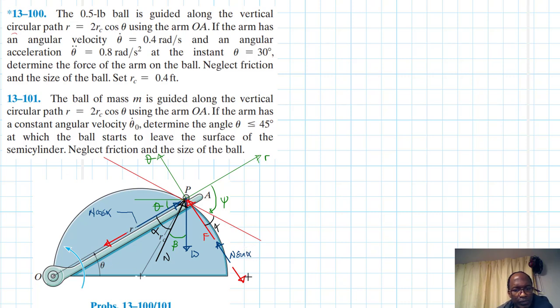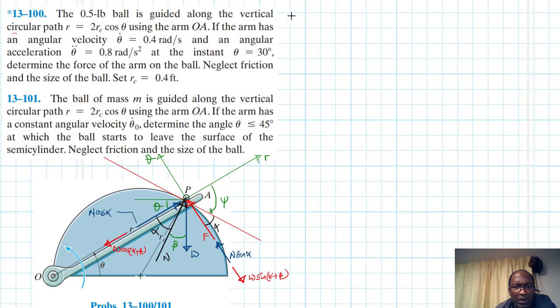This one is W, this is W cos(alpha plus beta), and this one is W sine(alpha plus beta). This is cos(alpha plus beta).